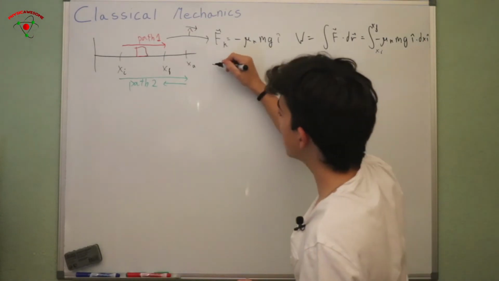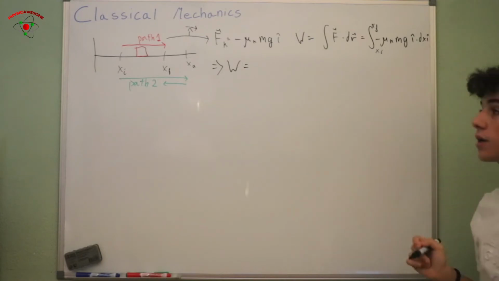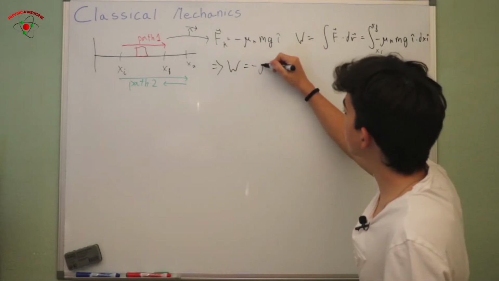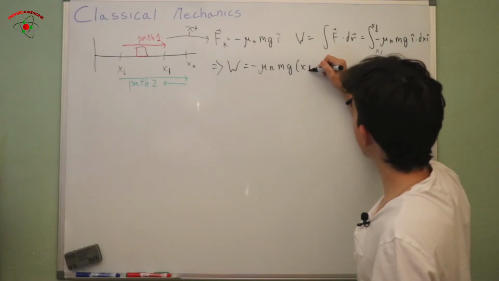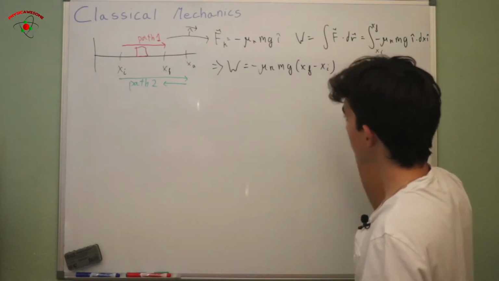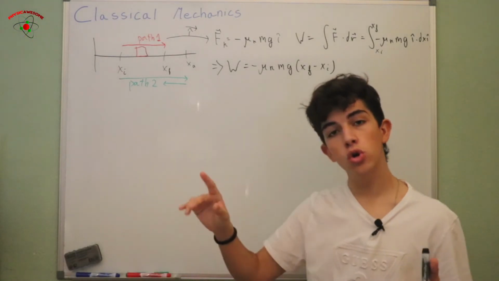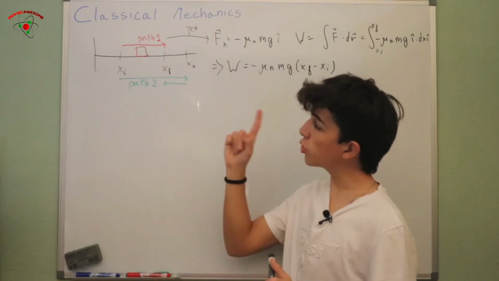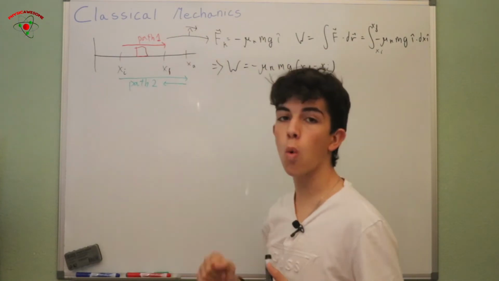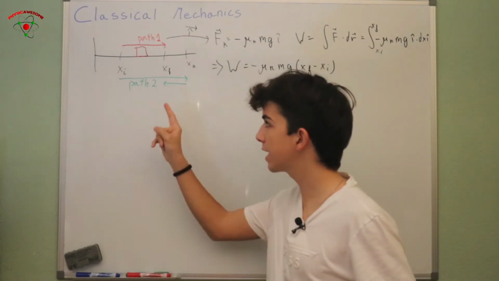If we integrate this, we easily get that work is no other thing than minus mu k mg times x final minus x initial. And that is the work we need to do to move this object from xi to x final through path 1. Now, let's examine what happens when we take path 2.